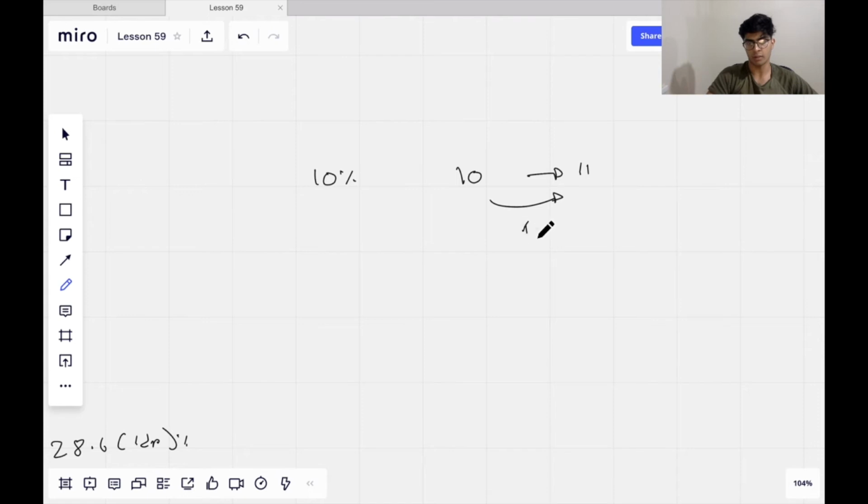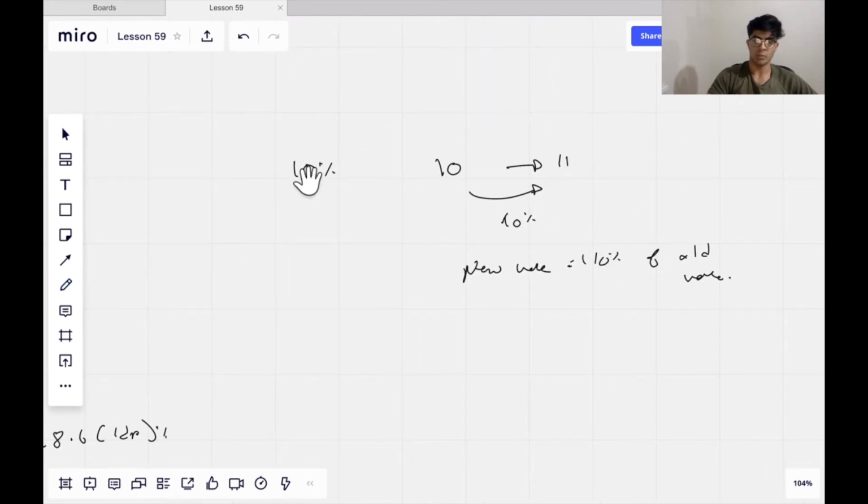Or we can say that the new value is 110% of the old value. That's another way we can say this. We found the percentage change, and then we add that to 100. So it's 110% of the old value.